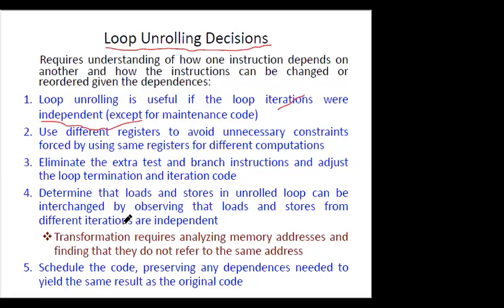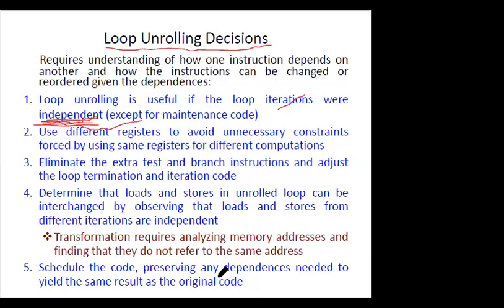So this is a constraint for the loop unrolling process, because it involves so much. It cannot deal with very many dependencies involved in the loop. It is more favorable if the process has a larger number of independent instructions.